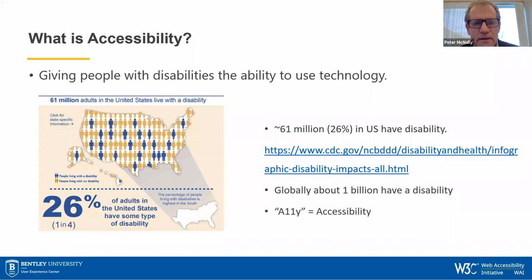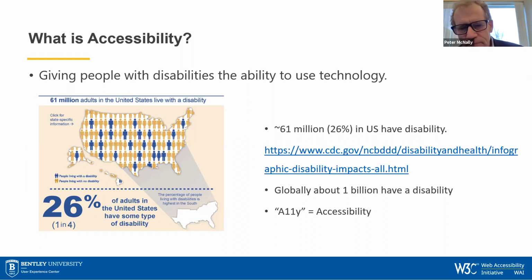So in the US, here's some stats. Now I got these stats from the CDC. So what I'm referencing here on the slide to the left, this is a screenshot of a CDC infographic that I think is pretty good. It also looks pretty accessible too. But according to the CDC, approximately 61 million people in the US have a disability, which maps to about 26%.